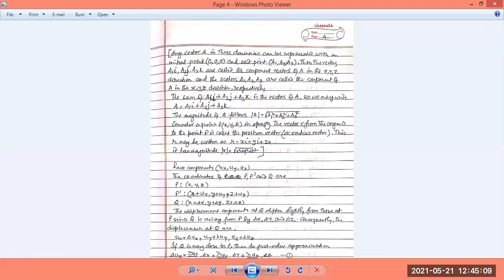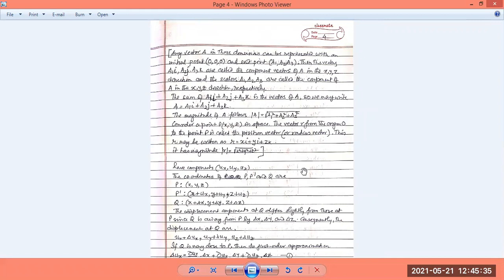The magnitude of the vector is given by the norm of A, the square root of a1 squared plus a2 squared plus a3 squared. Consider a point P. The vector from the origin to the point P is called the position vector, given as x, y, and z itself, and its magnitude is the square root of x squared plus y squared plus z squared. Now we have the components ux, uy, and uz.